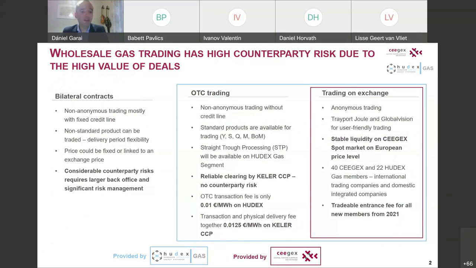Non-standard products can be traded, and the price could be even fixed or linked, so it can also be quite non-standard. And basically the disadvantage is that there is a considerable counterparty risk on one hand, and on the other hand, this requires quite a significant back office and risk management team to handle.